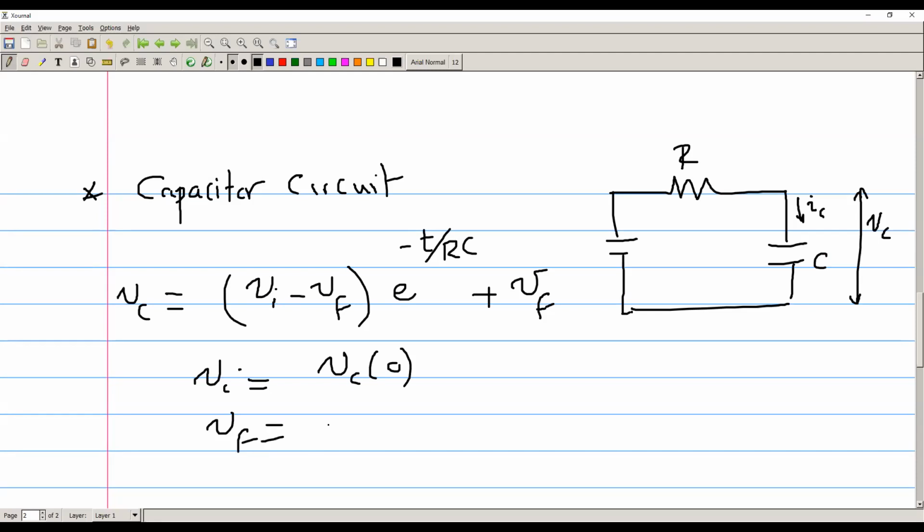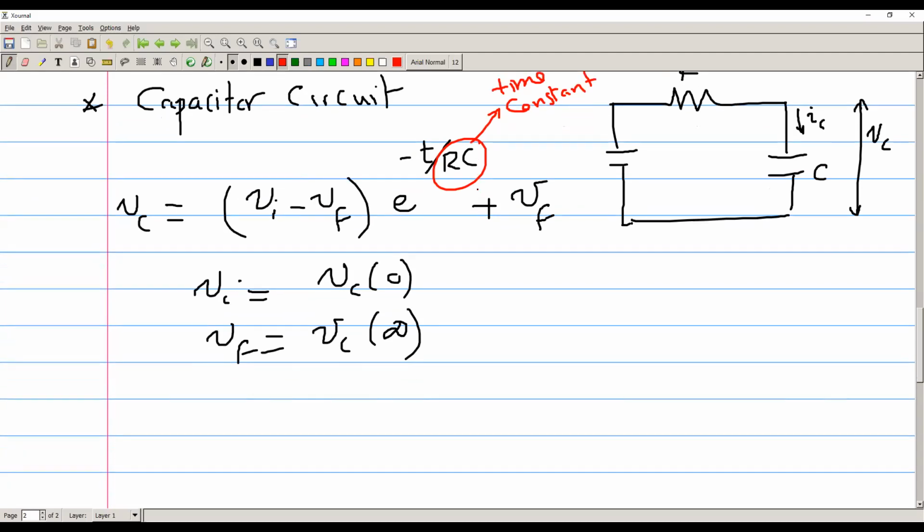V final is equal to VC at infinity. And given these values and the time constant, which is RC, and I'm sure you heard about it before, you can compute any transient that happens in your circuit.